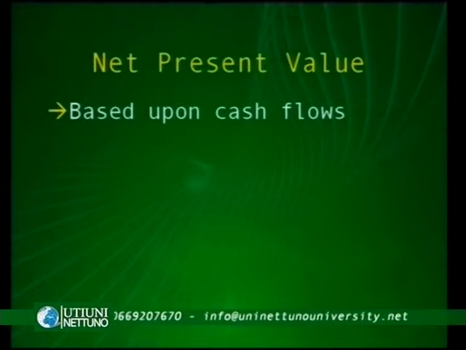So first of all, the net present value is based upon the appropriate cash flows. Appropriate means that the NPV can be calculated both in the perspective of total investment and the equity investment. So the relevant cash flow clearly will change depending on which perspective we are taking in the calculation of the NPV.